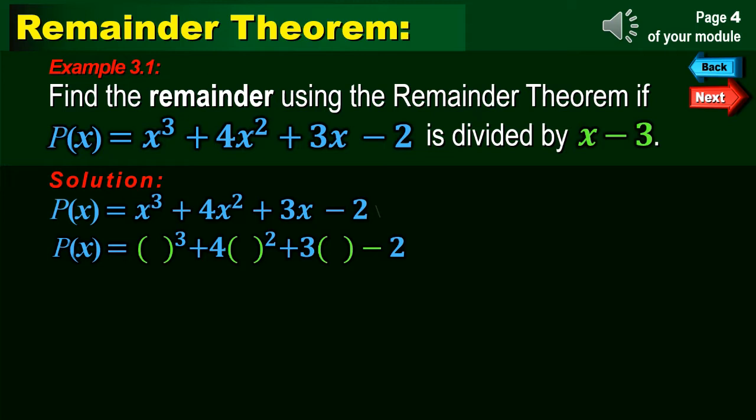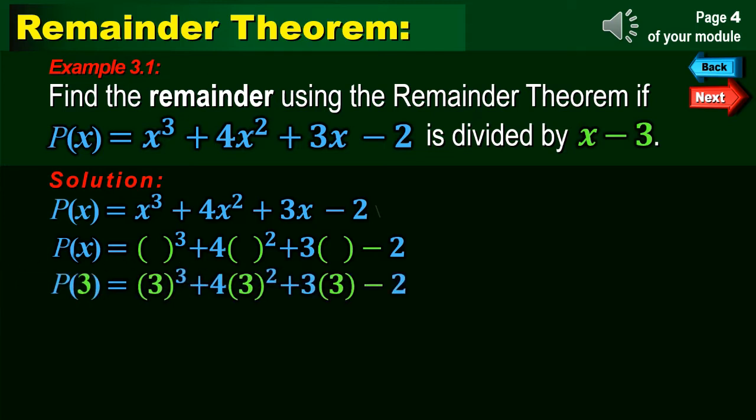Now replace x with positive 3. So P of 3 comes from x minus 3. So the given C for x minus 3 is equal to 3. So therefore, P of 3 is equal to 3 cubed plus 4 times 3 squared plus 3 times 3 minus 2. So replace all x with 3.